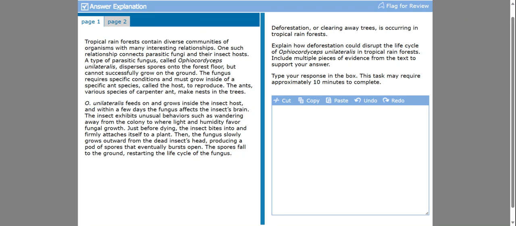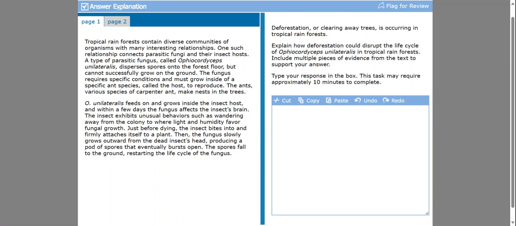The fungus requires specific conditions and must grow inside of a specific ant species called the host to reproduce. The ants, various species of carpenter ant, make nests in the trees. If the trees are gone, then the ants are gone, and then the spores or this fungus is unable to survive.